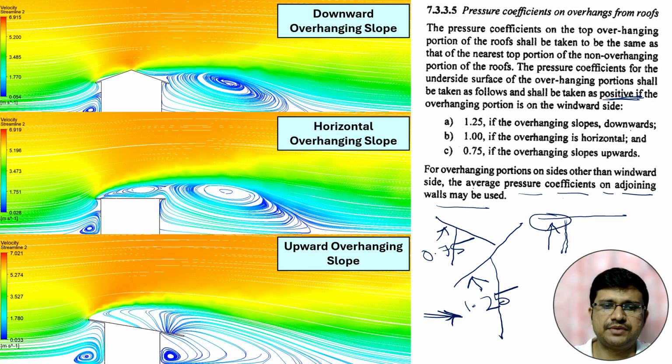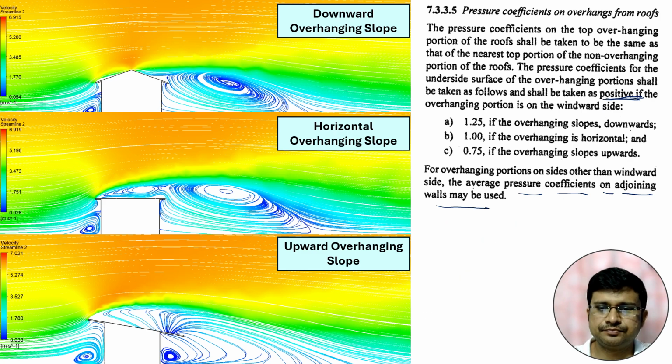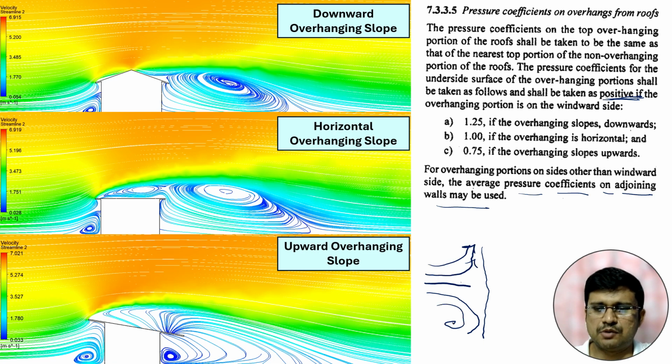Normally when wind is coming on the windward side, wind will come like this from this direction, and there is one point, which we normally call the stagnation point, below which wind will move like this and a vortex will form like this, and above which the wind flow will be in the upward direction, and below which the wind flow will be in the downward direction. One particular point will be there where there will be no upward or downward flow, and we say that point is the stagnation point.